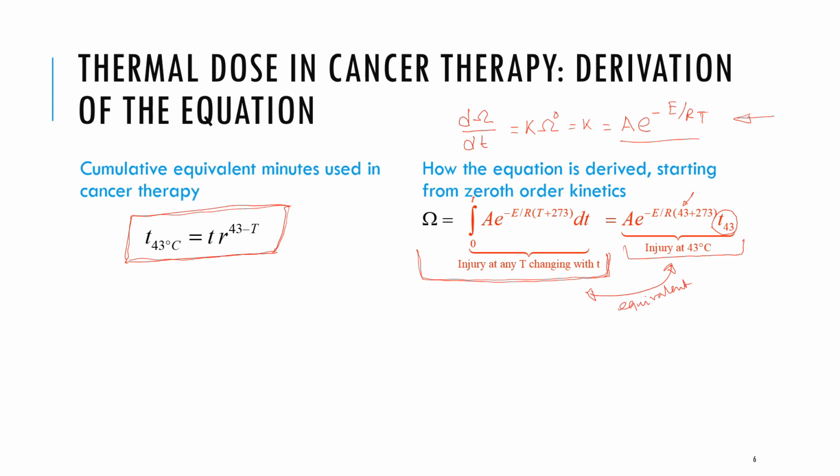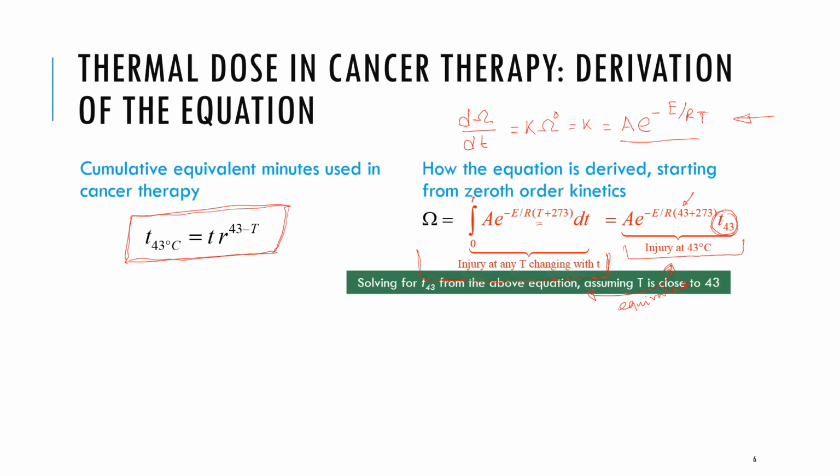When it's 43 degrees, of course, T is a constant, so we can take it out. We can do the integration, and so we get T43 here. Now solving for T43 from the above equation, it goes like this.